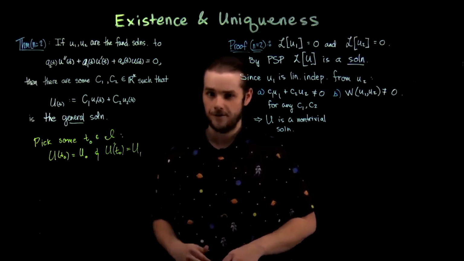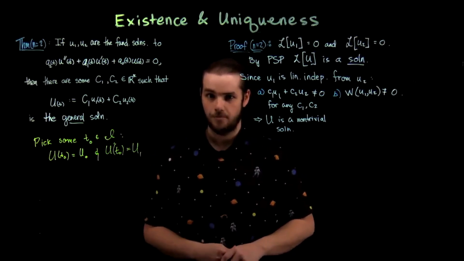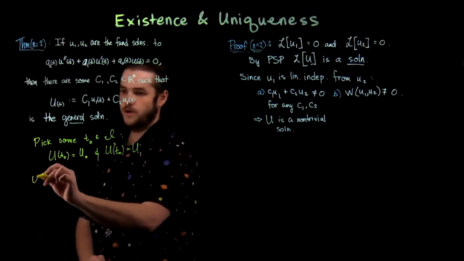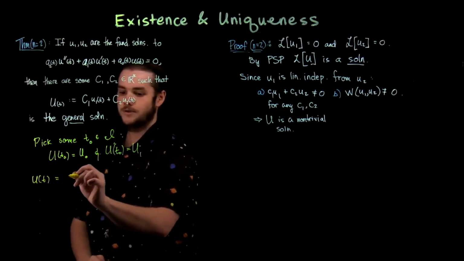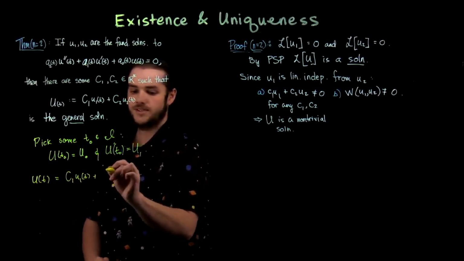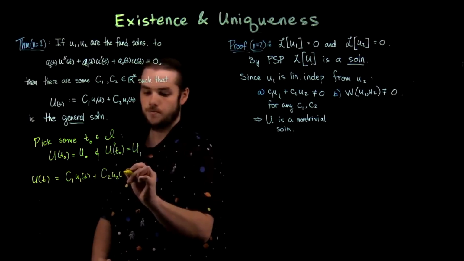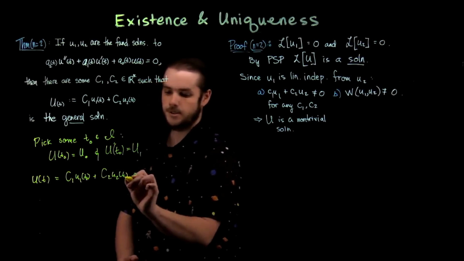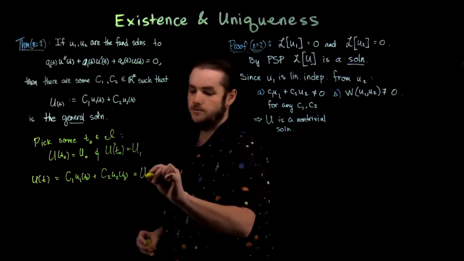So I'm going to artificially define this initial value problem. And if you take a look here, U, we already know, is C1U1 plus C2U2. And we're saying that at t naught, this is equal to u naught.